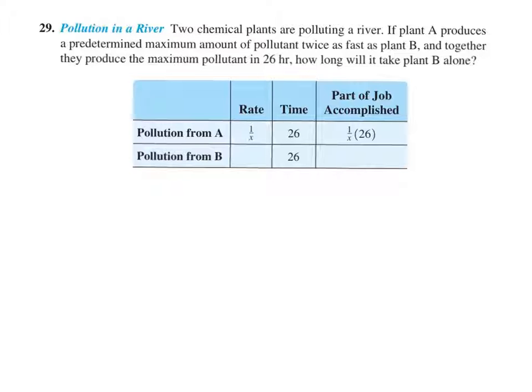Alright, we can set it up the same way as before. We could do the rate times the time. Remember, the amount from plant A would be the rate of plant A times the time, plus the rate of plant B times the time, that equals 1.